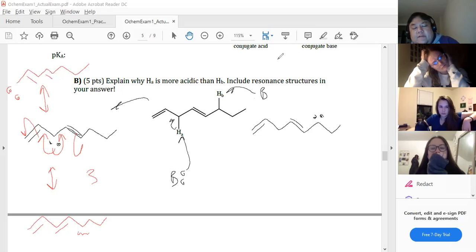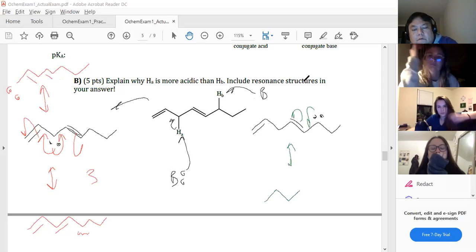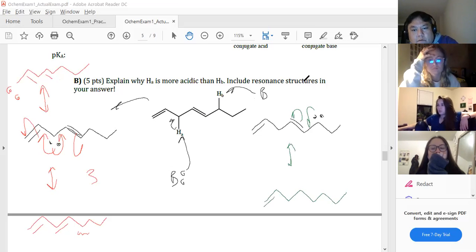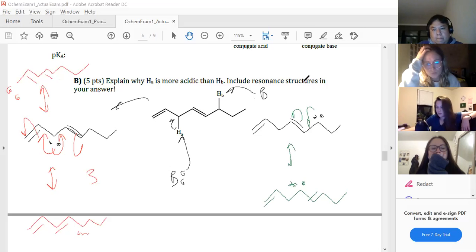If I do it on the one on the right, I could go here, and this can go here. And that's it. So which one has more resonance structures? If I remove HA or if I remove HB?